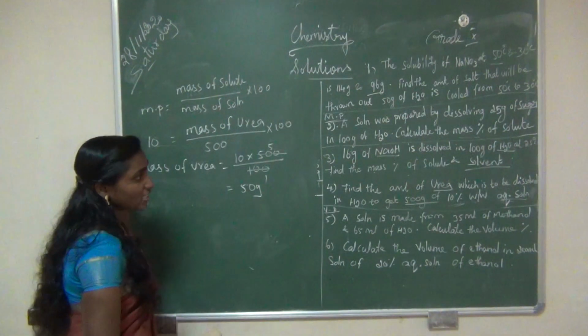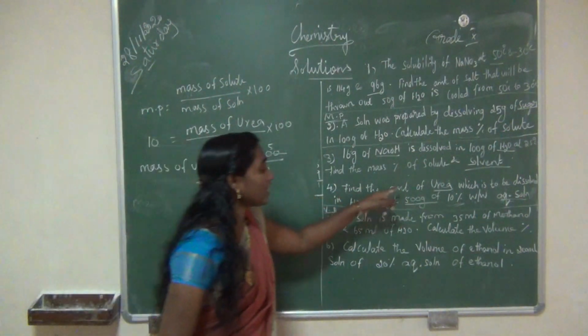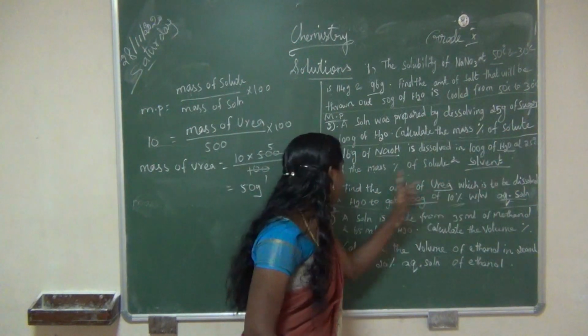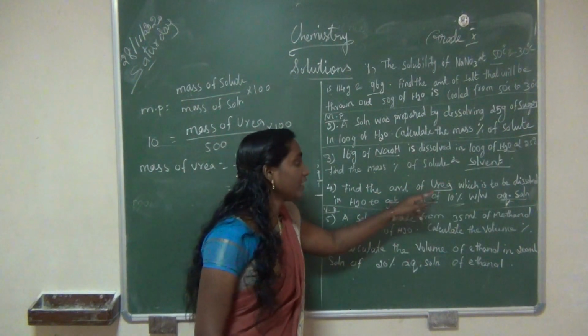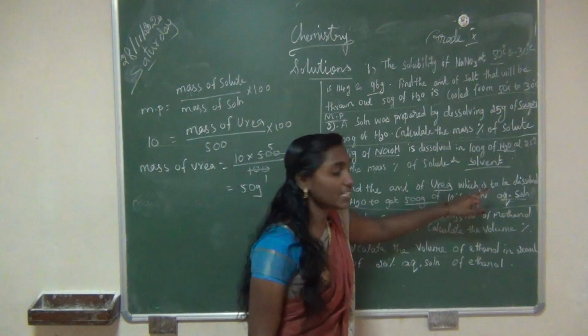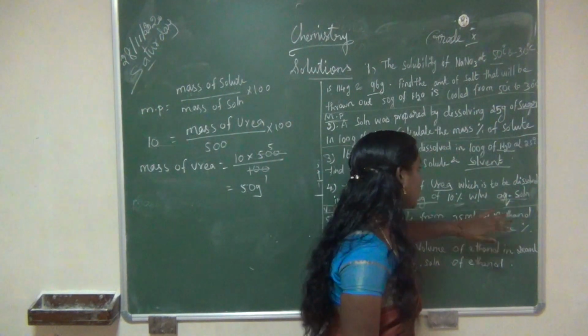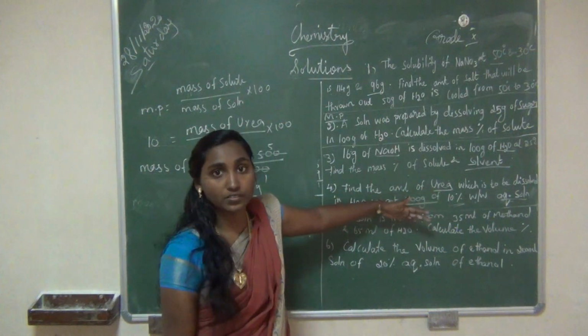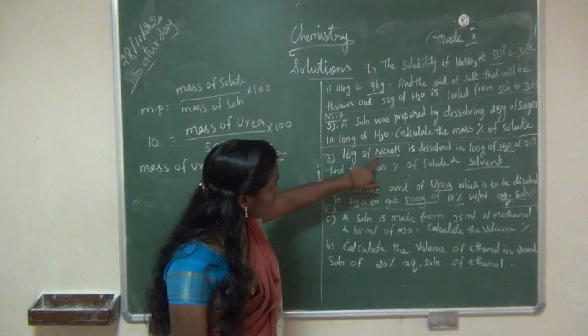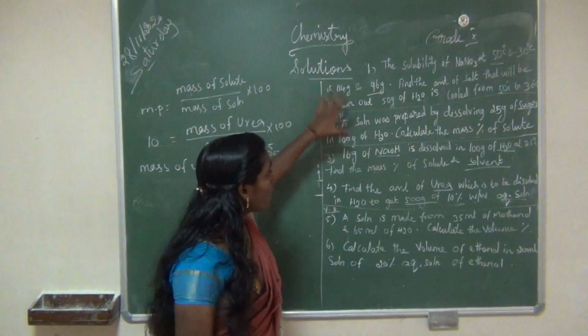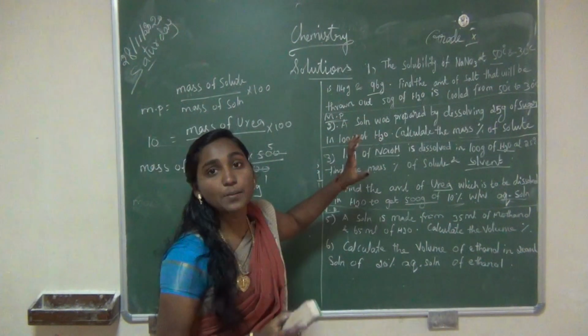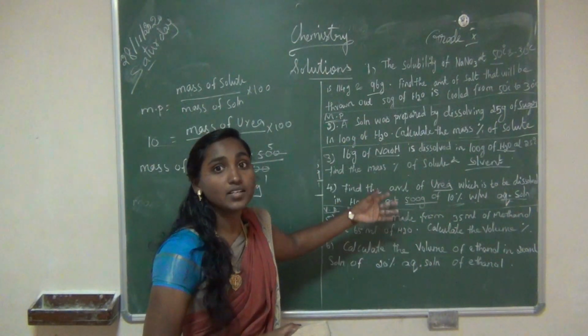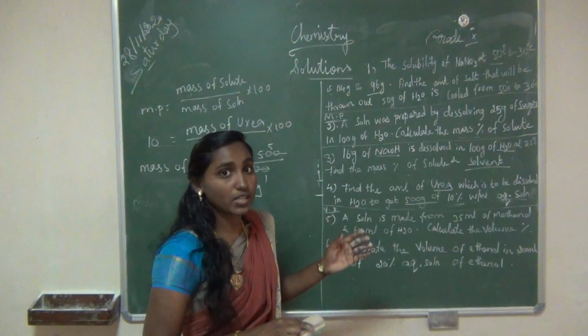Have you understood this problem? Find the amount of urea which is to be dissolved in water to get 500 gram of 10% W by W aqueous solution. In this question, directly they gave the solution value. See, in the previous problems they gave the solute value separately, and the solvent value also separately.